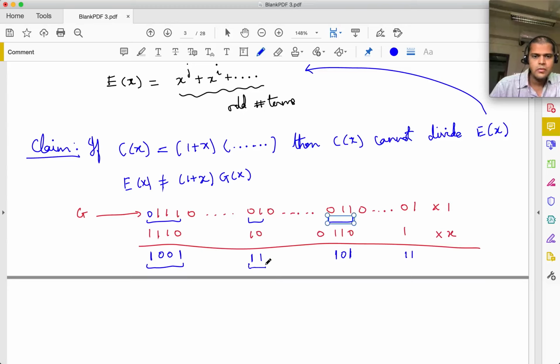So I can split up any g of x, any such binary string, into places where I have consecutive ones. Of course it has to be preceded by 0. Otherwise, if this was also 1, it would be part of the burst of ones.